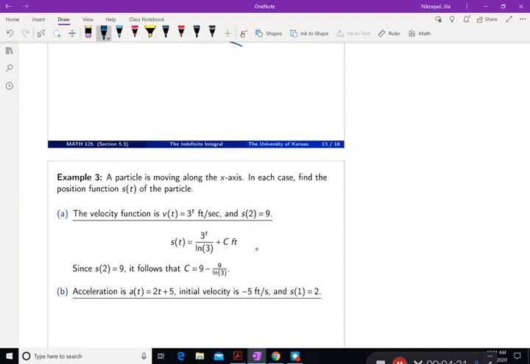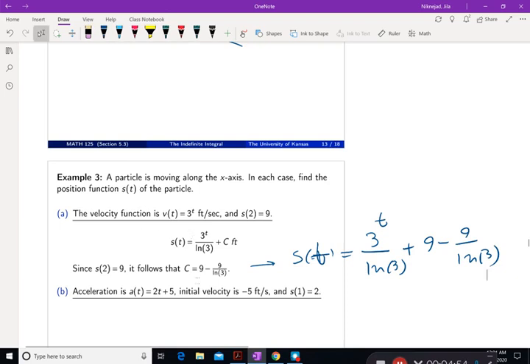So at the end, s of t is going to be 3 to the power t over natural log of 3 plus 9 minus 9 over natural log of 3. And so that was option 1.